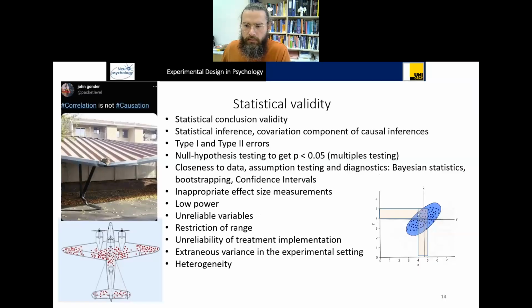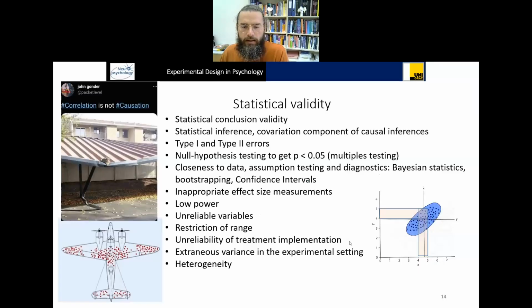But if you only restrict the values of x to 4 and 5, and the values of y also to 4 and 5, you see that there is no dependency anymore. So every restriction of range in your variables will lead to an underestimation of possible dependencies between your variables, so be aware of that.